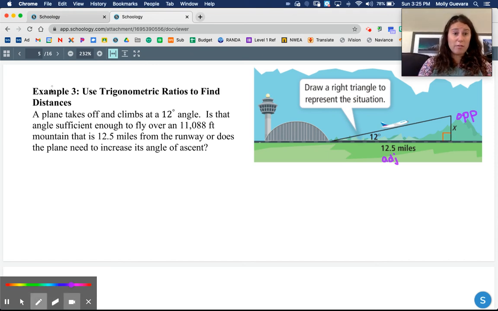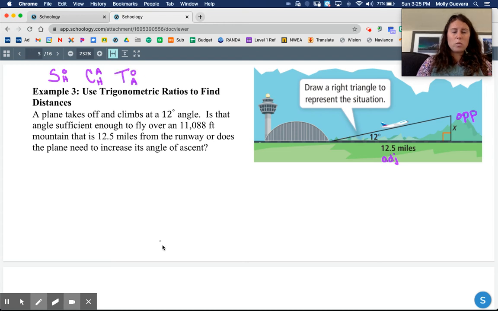So I need to figure out if I have SOHCAHTOA, which one uses opposite and adjacent? So here it's opposite hypotenuse, adjacent hypotenuse. So tangent is using opposite and adjacent. So it's tangent of my angle. Well, my angle is 12 degrees, right? Is equal to opposite. Well, my opposite side here is x over adjacent.